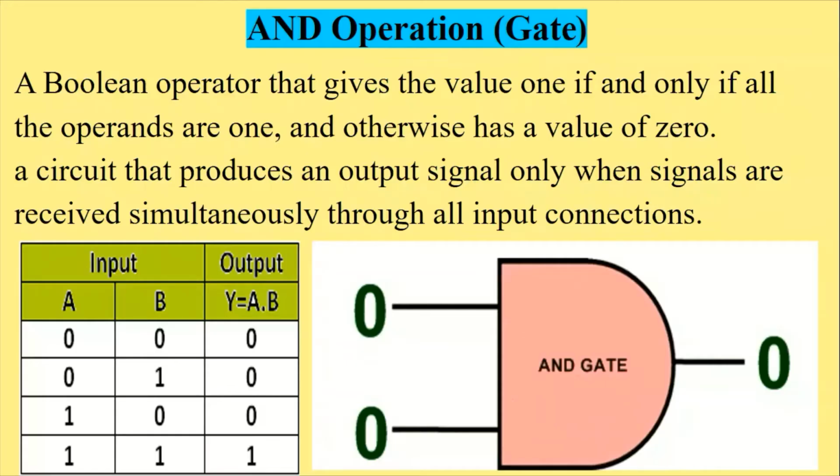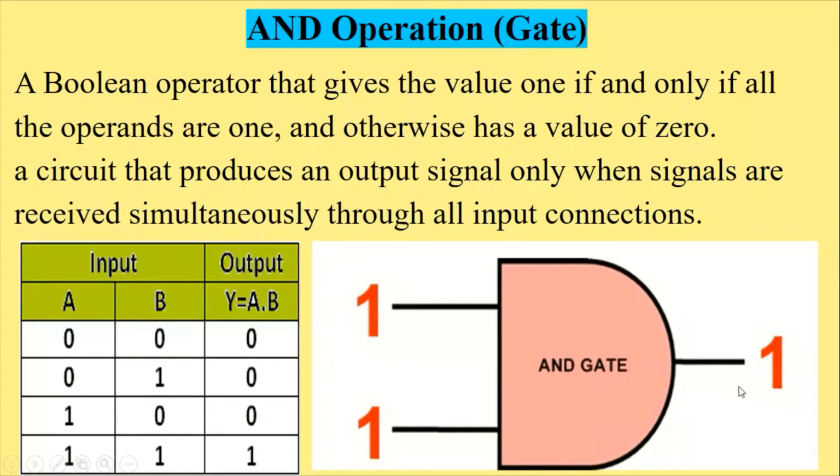So let's move. Number one is the AND operation gate, a Boolean operator that gives the value 1 if and only if all the operands are 1, and otherwise has a value of 0. For example, if all inputs are 0, we'll get 0, or if all inputs are 1, we'll get 1.